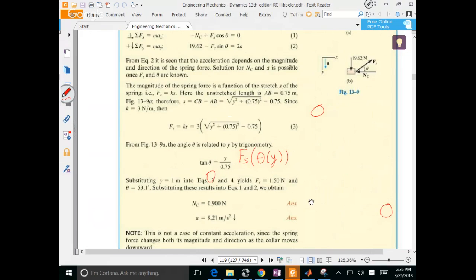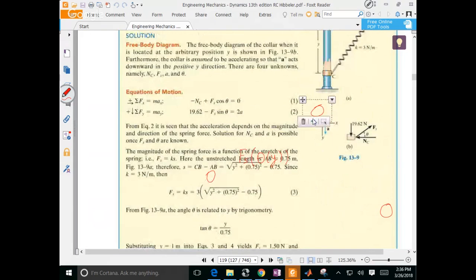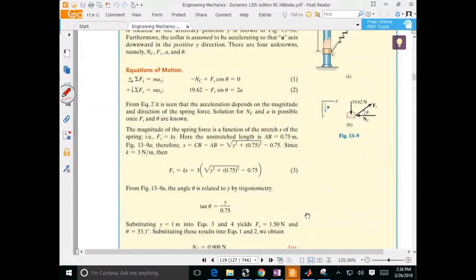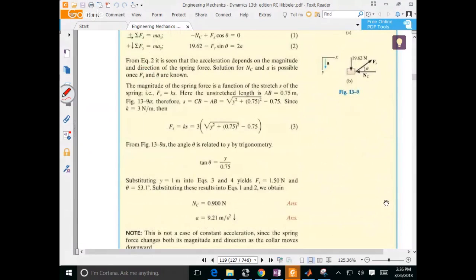And this one, it's hard. If you were sitting there looking at this, it's hard now to find, okay, yeah, this is the acceleration. It's a number, and it's at that angle, and it's at this y.